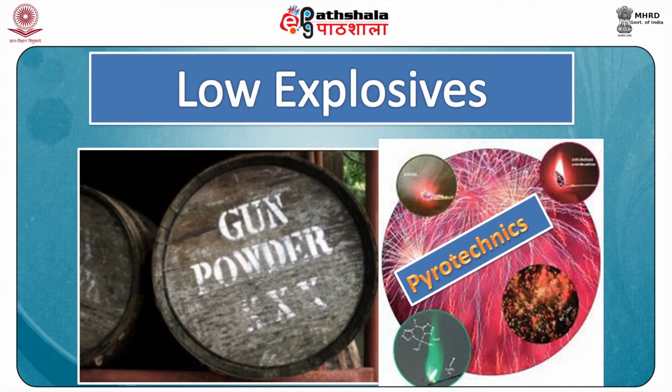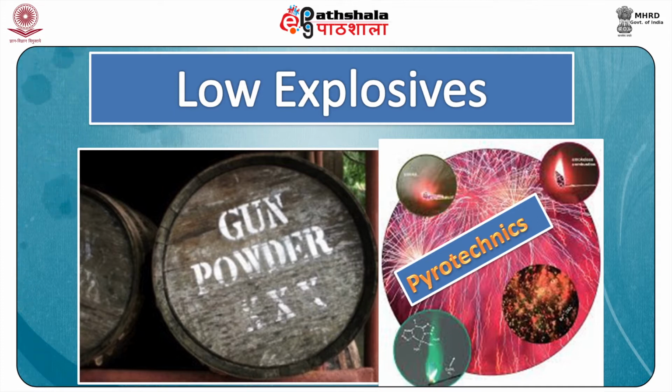Low explosives liberate an enormous quantity of gases that generate sufficient pressure to force a projectile in a specific direction upon ignition and decomposition. The proportion of burning of explosive depends on combustion gas pressure, grain size and form, and composition.